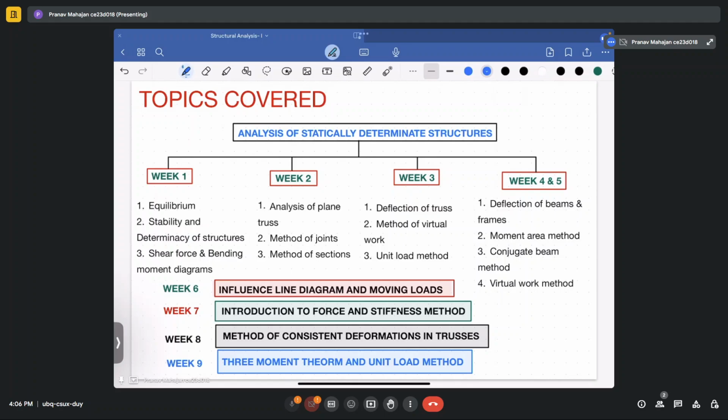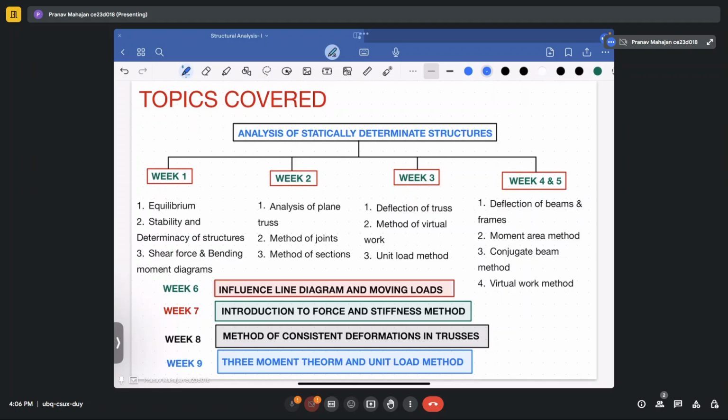After determining the degree of static indeterminacy, we determine which component should be taken as redundant. Depending upon the type of the problem, the redundancy may differ from problem to problem. We will remove the redundant members and make the structure determinate.